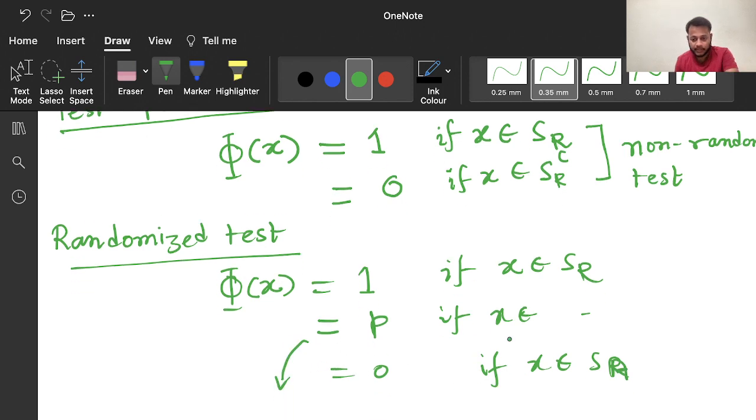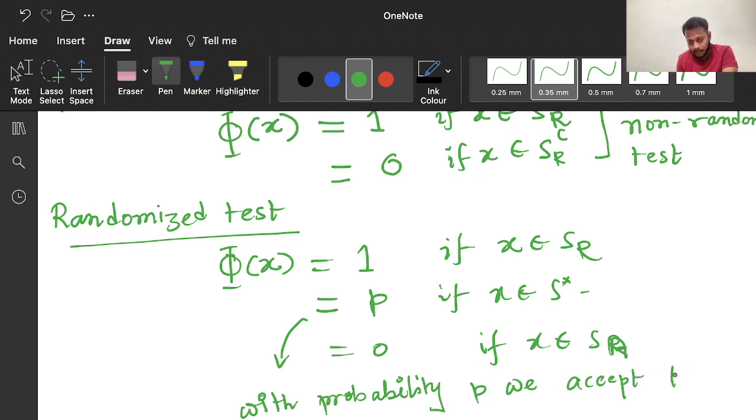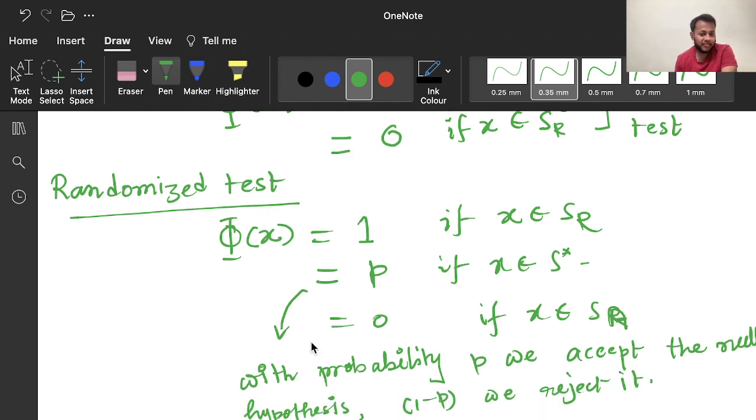This means that with probability P we accept the null hypothesis, and with 1 minus P we reject it. That is called a randomized test.